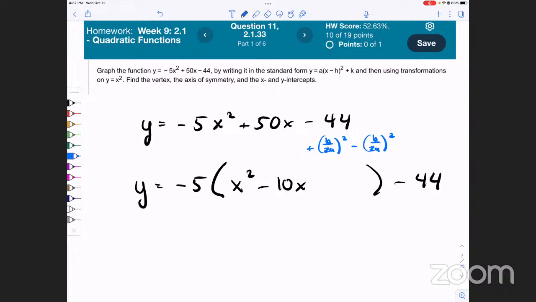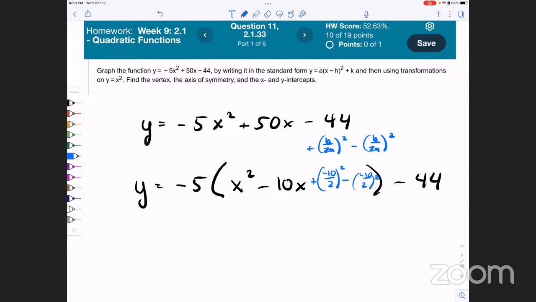Let's keep going and see what happens. So if our b is -10, that's going to be -10/2 squared plus and minus -10/2 squared, right?